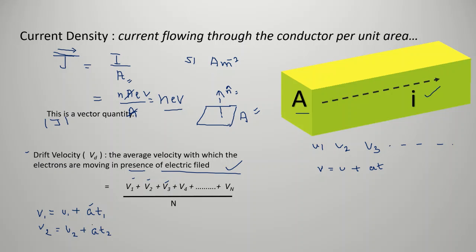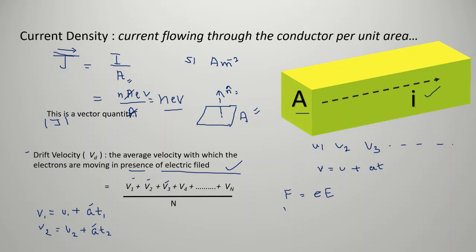Can you guess why this a term is kept the same for all the cases? This is because all the electrons are accelerated due to the presence of the same field, or due to the same amount of force. How? Let's see. F equals eE, where e is the charge of the electron and capital E is the electric field present due to the potential V.